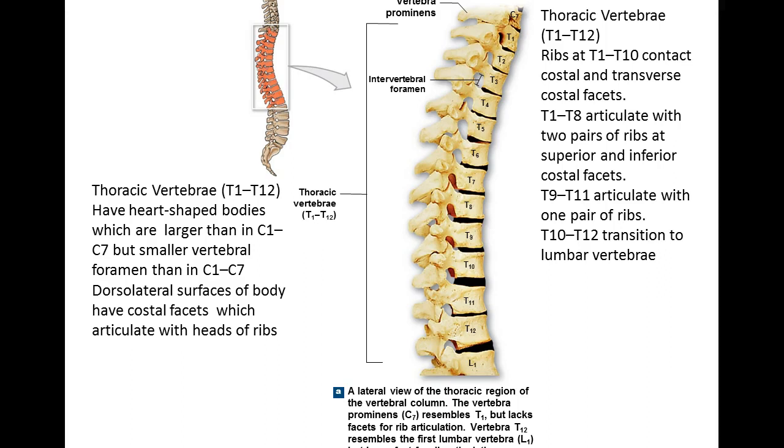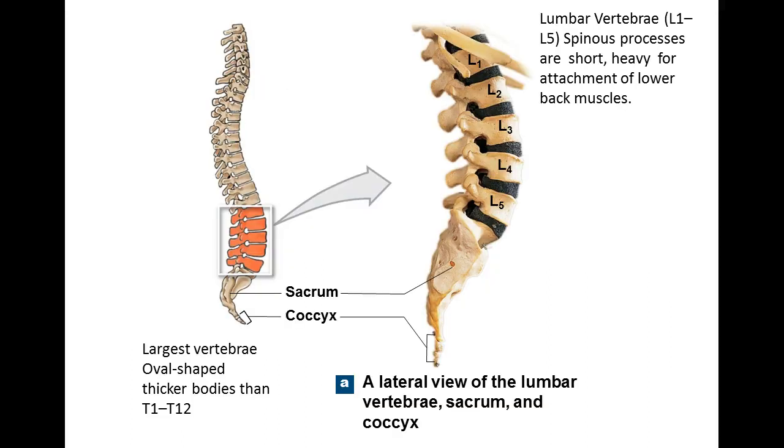So T10 to 12 transition to the lumbar, and then 9 to 11 articulate with one pair of ribs, and then 1 through 8 articulate with 2, and the ribs at T1 to T10 contact costal cartilage and transverse costal facets. Again, I have a picture coming up, maybe to talk about that when we see the picture of the rib cage a little bit clearer.